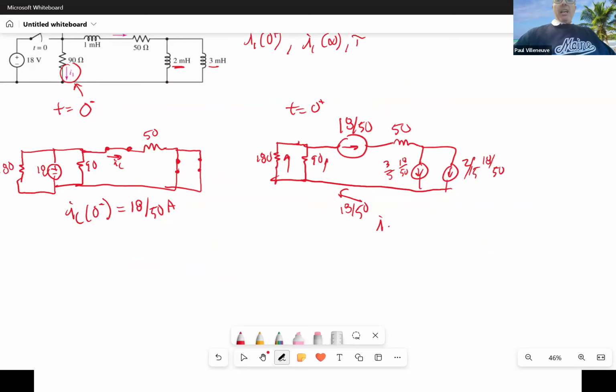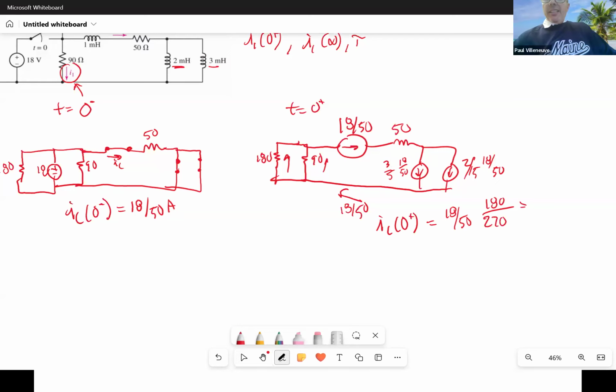So my I1 of 0 plus is going to be equal to 18/50. And this is current divider, so it's multiplied by the one not of interest over the sum of those, right? What is that? 2/3?